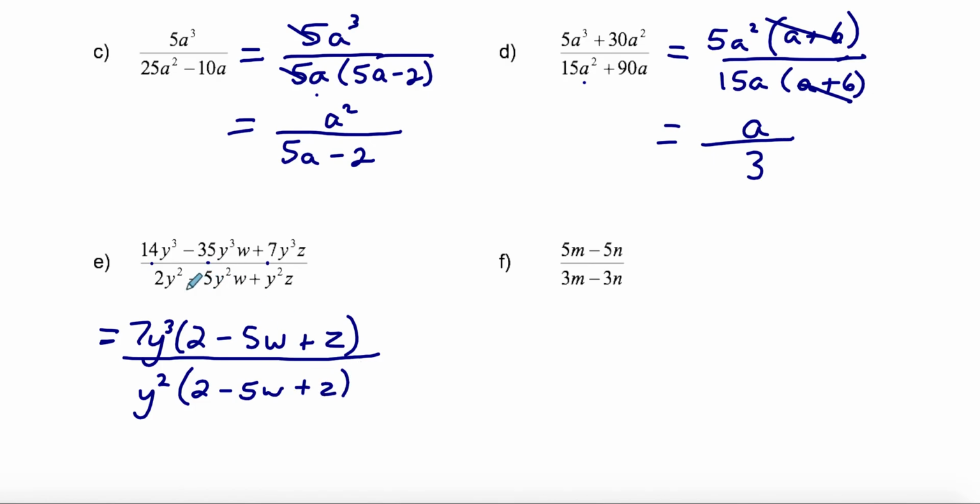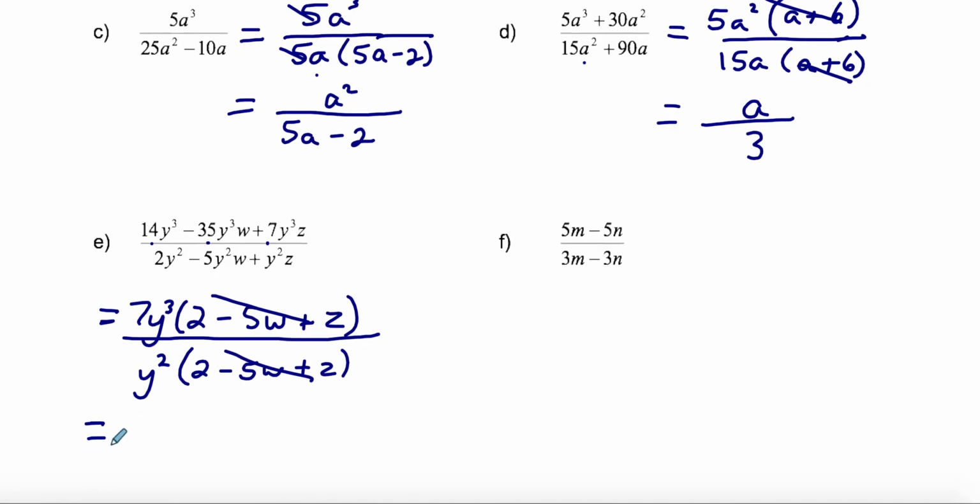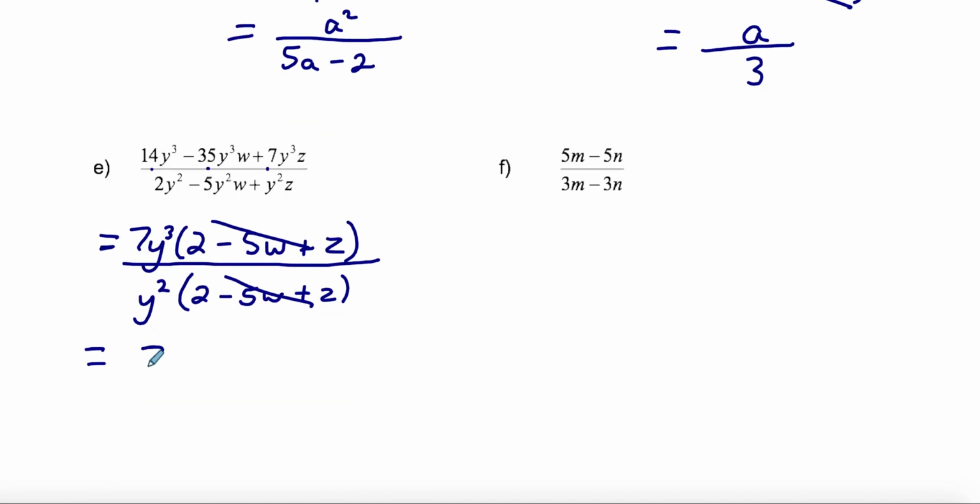Because all I did, I took a y squared out of all of those terms. These brackets are the same. So since this is multiplication, they can cancel out. What I'm left with, I definitely have 7. It'd be 7 over 1, I guess. Y to the third, y squared, I have an extra y in the numerator. So my simplified answer is just 7y.